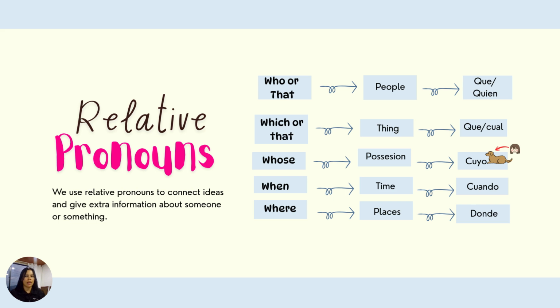It can be translated as que or quien. Which or that, used for things. It can be translated as que or cual. Whose, used to show possession. It can be translated as cuyo. When, used for time, and where, used for place.